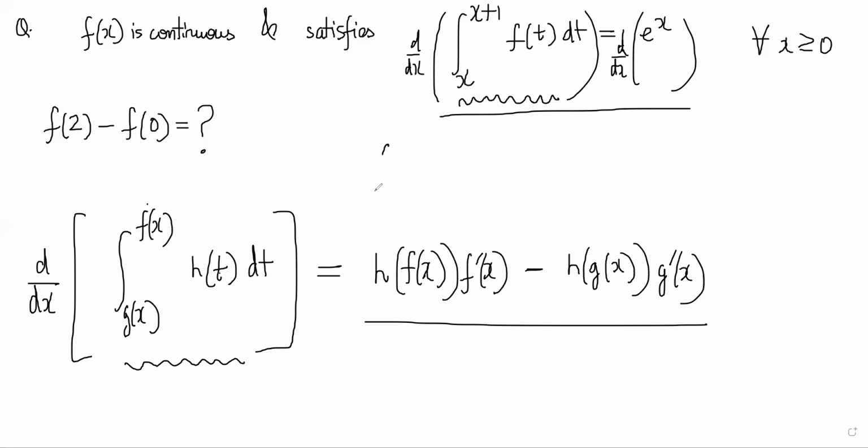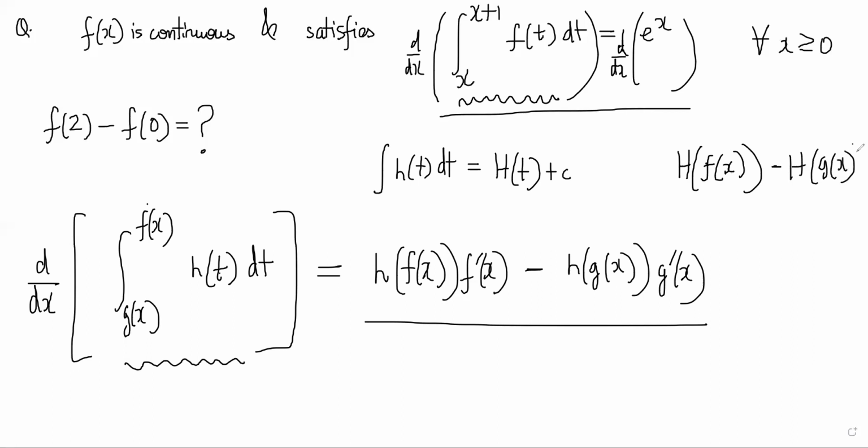We can say that if the integral of h(t) dt is some capital H(t), the antiderivative, the indefinite integral, then when you put the limits, it should become capital H of f(x) minus capital H of g(x), right?